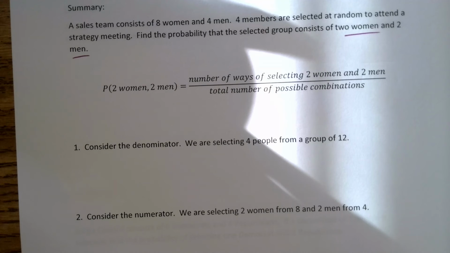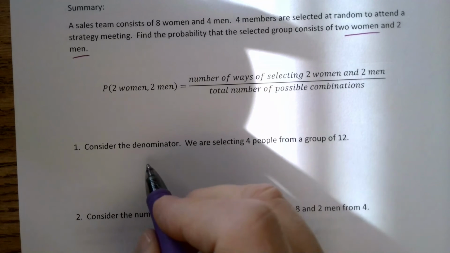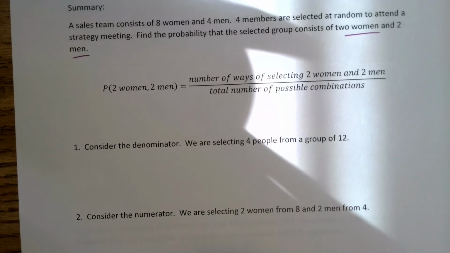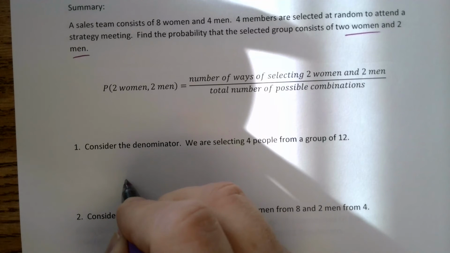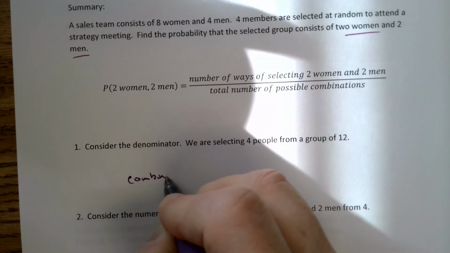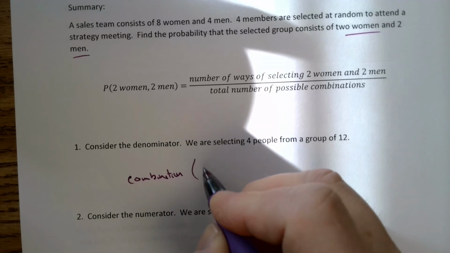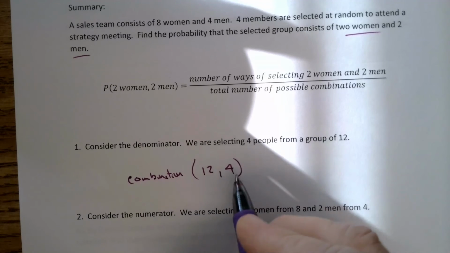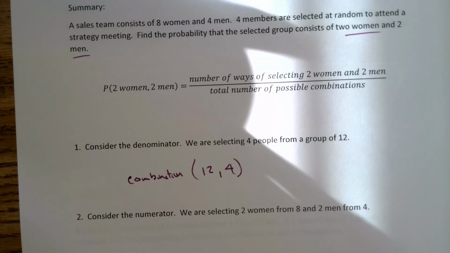Okay, so the denominator is everything that could happen. Well, we're doing this combination. We're choosing 4 people out of a group of 12. Don't worry about their gender in the denominator. We don't care.